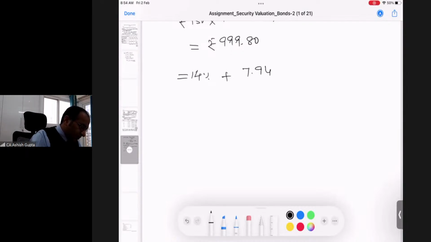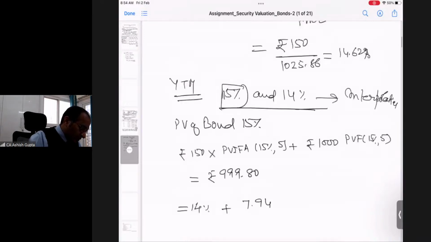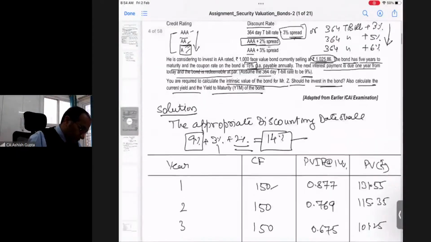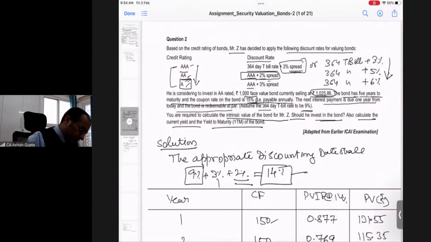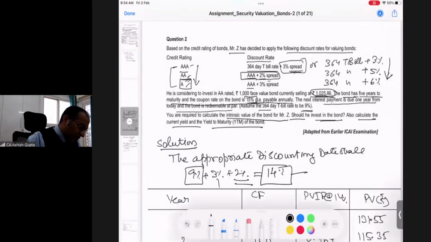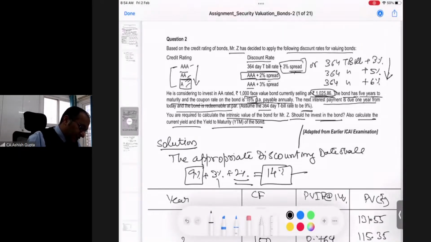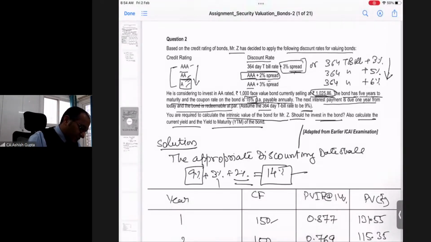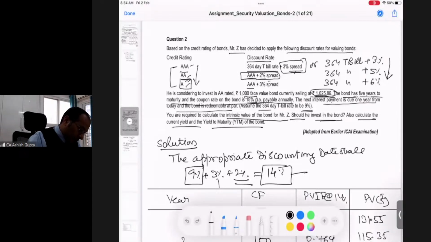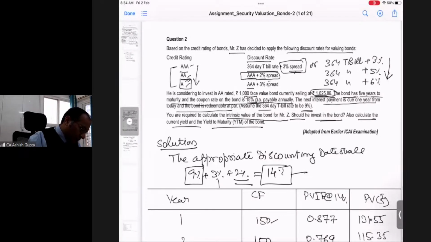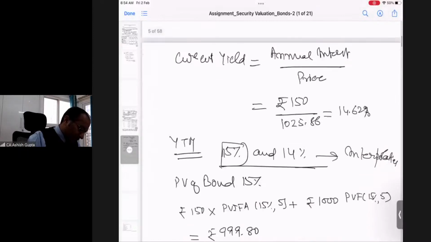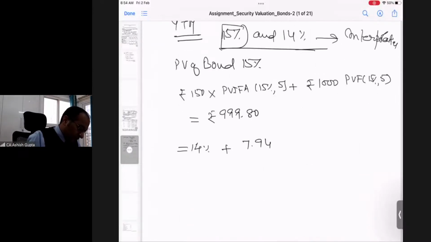Now, student, please see, here it is available at 1025.86. Accordingly, we shall compute the yield here and PV at the low rate.